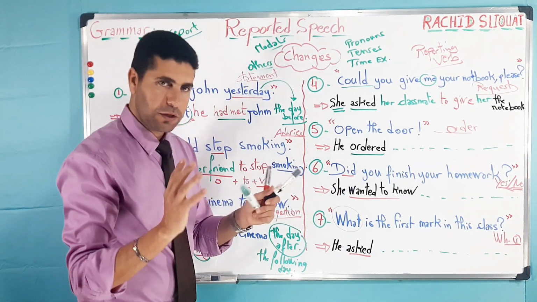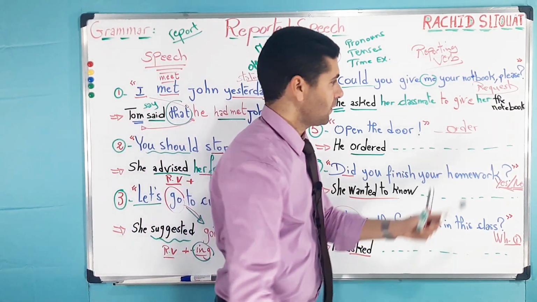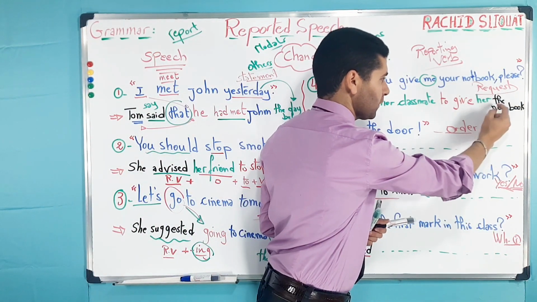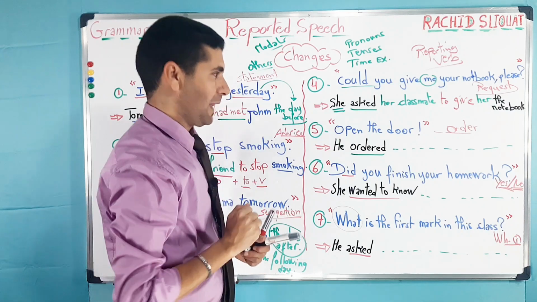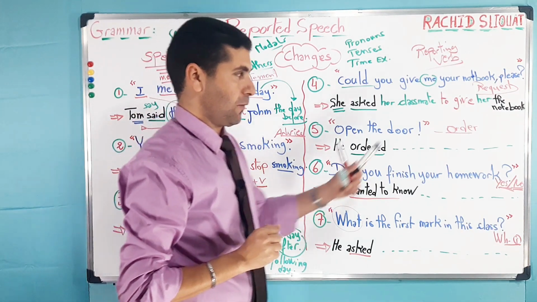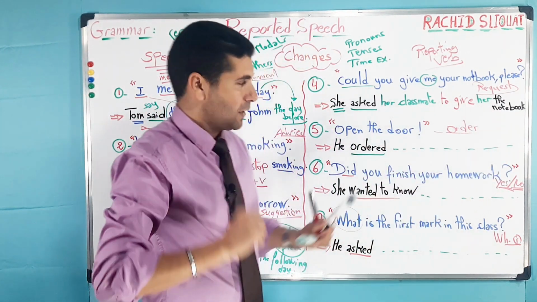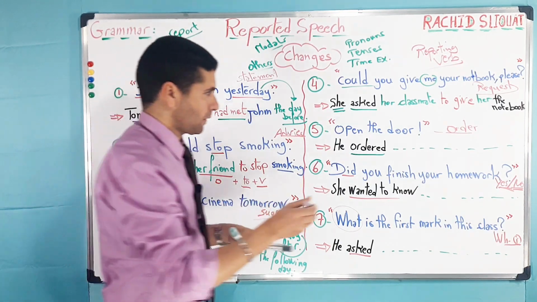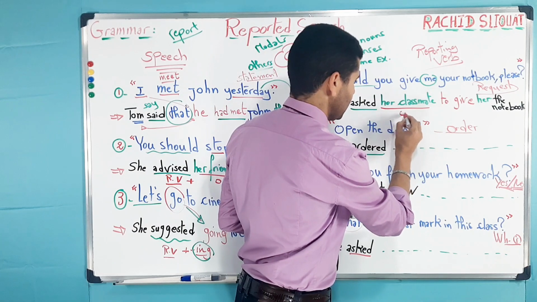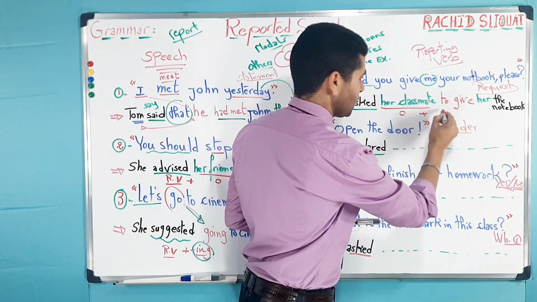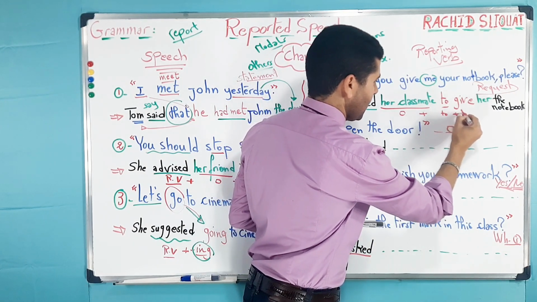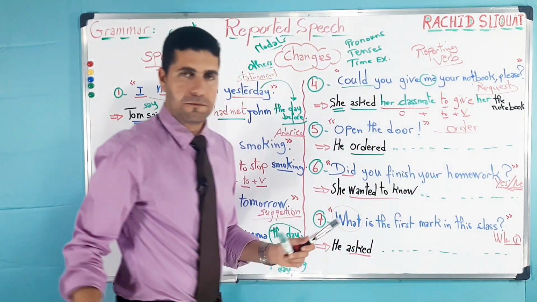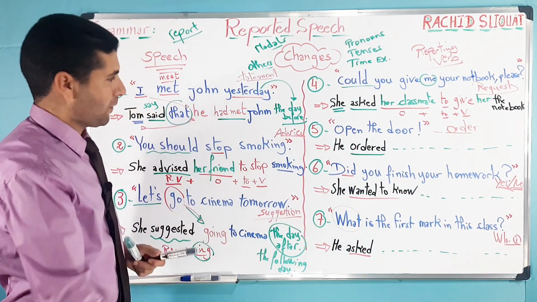So in order to avoid the problem of repetition of her, very simply, we use the notebook directly like that, okay? So she asked her classmate to give her the notebook. This is straightforward. So as you can see, for reporting a request, we have the object, plus to, plus verb. Very simple.